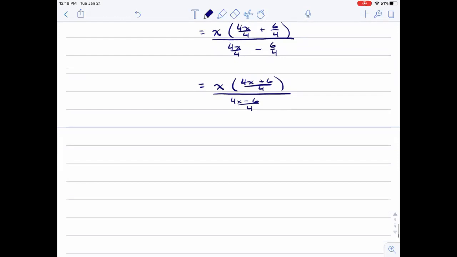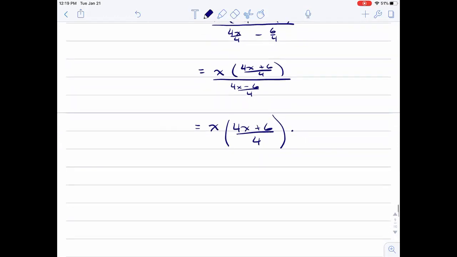So x times 4x plus 6 all over 4, times, and then flip that bottom, so now the 4 is on top, divided by 4x minus 6. Phew.